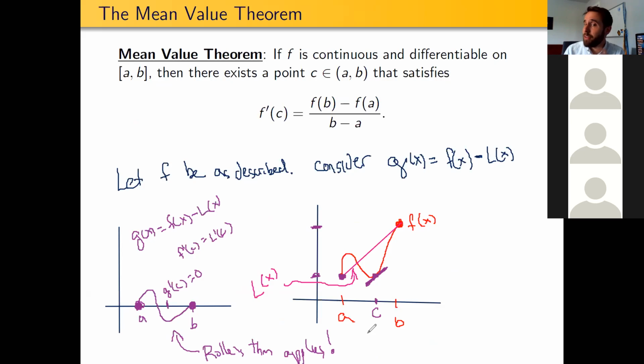There are some details that we could fill in here as far as rigorously showing that g itself is differentiable, explicitly calculating what L is, and then explicitly calculating g of A, g of B, and then what g prime equals 0 really means. So yes, there are some things that we probably should compute here. But this sort of gives us the essence or the idea here.